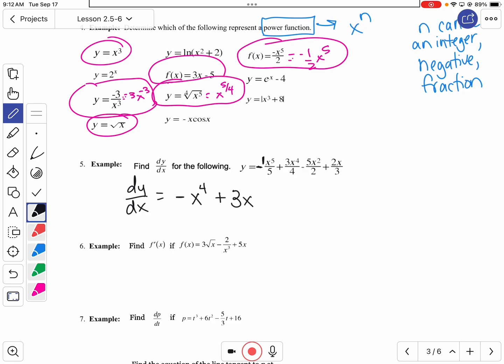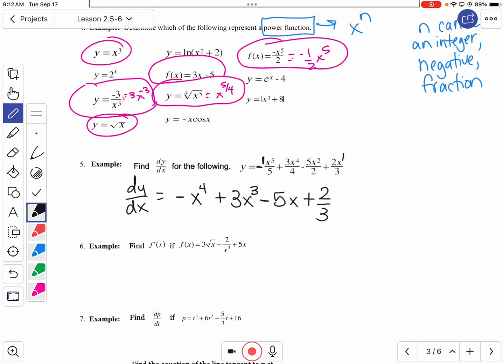And x is going to go to what power? Third. Negative 5 over 2 times my exponent, which is 2, is negative 5. X to what power? 1. And then 2/3 x times 1 is 2/3 x to the 0 power, so the x goes away.